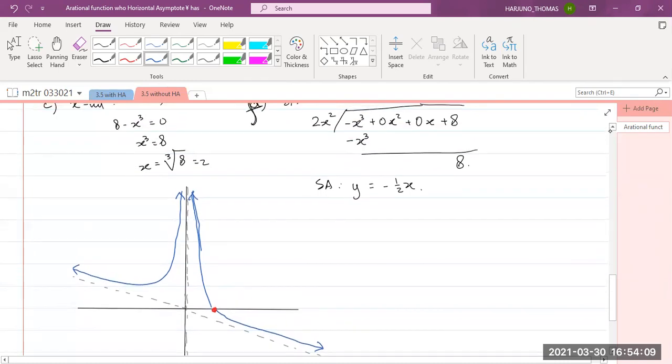And actually from here, you also see that the graph will always be above the slant asymptote. Let's show it from the sign graph. Sign graph against the slant asymptote: we have f(x), which is (8 minus x cubed) over 2x squared, minus the slant asymptote 1/2 x. That is (8 minus x cubed) over 2x squared plus x over 2.